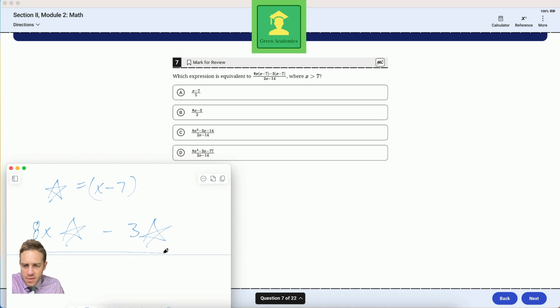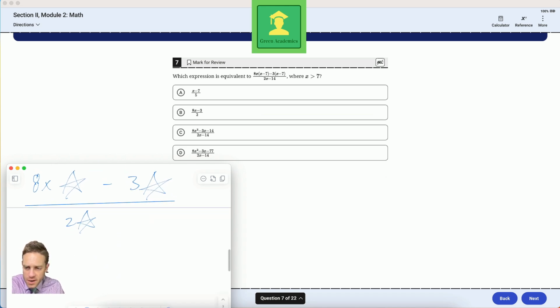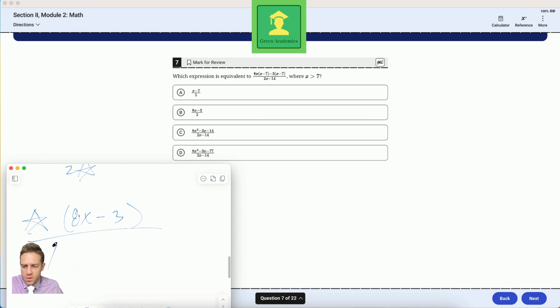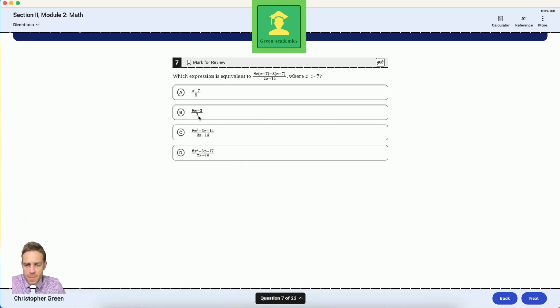And then the bottom factors into 2 times quantity x minus 7, which is, of course, just 2 star. So by factoring, you can pull out the star from everything, and it's 8x minus 3 over star times 2, and the stars disappear, which leaves you with this answer.